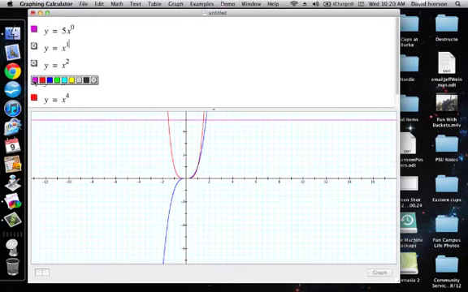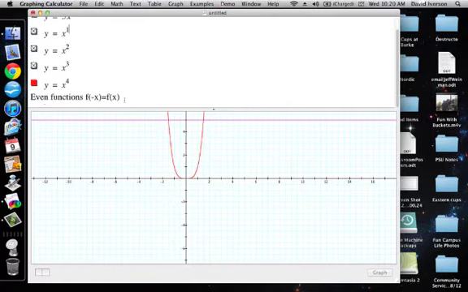So I start with these numbers. Where do these names come from? Odd and even. Basically they come from this idea that x to the odd number gives you an odd function and x to the even number gives you an even function.